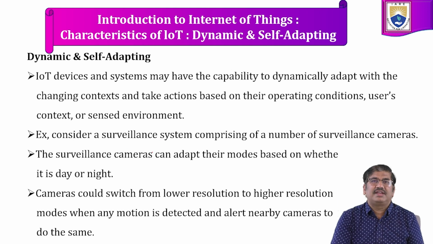Example: consider a surveillance system comprising a number of surveillance cameras. The cameras can adapt their mode based upon the condition, like day or night. Cameras could switch from lower resolution to higher resolution modes when any motion is detected and alert nearby cameras to do the same.